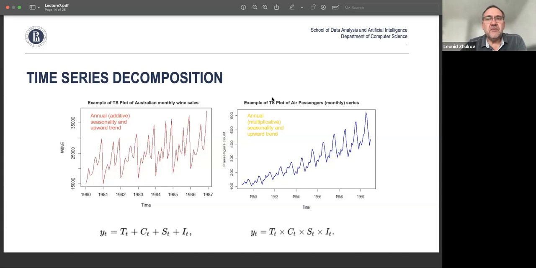Again, you might want to try to model the data as is, and sometimes it works pretty well. But if it doesn't, then what you do is you try to do this decomposition and then model the residual.